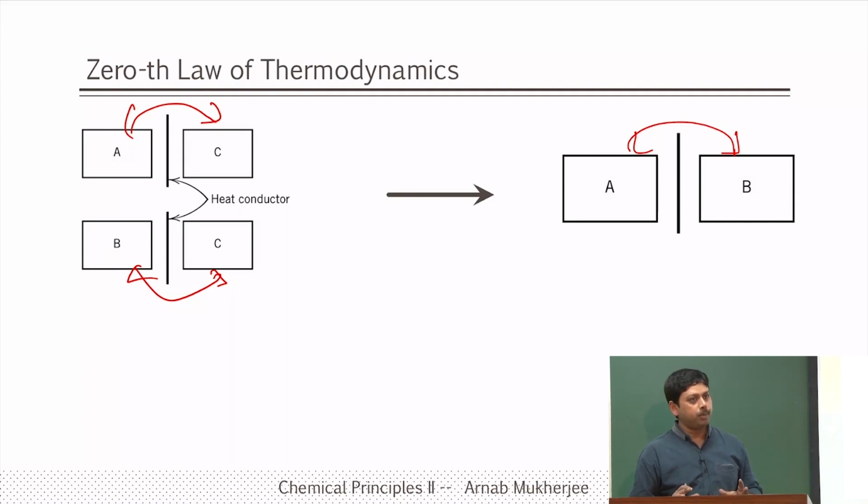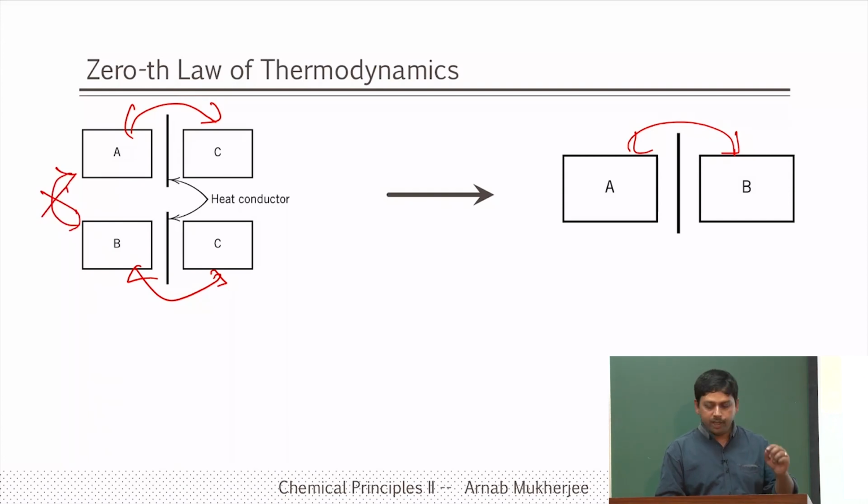It looks simple, but it is a profound theory. What it says is that A and B are not connected with each other, yet when we see that C is in equilibrium with both A and B separately, then A and B are also in thermal equilibrium with each other.